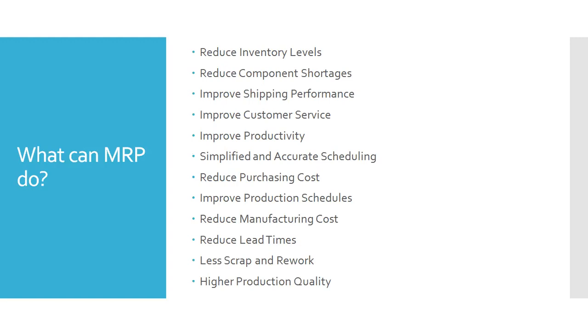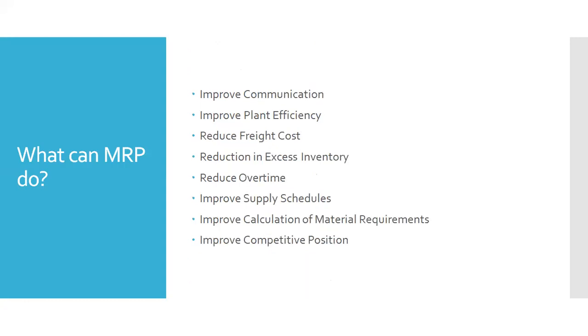Now, what are the basic advantages? Like what are the basic functions when we apply the MRP on any system? How will it improve the system? So it will reduce the component shortages, improve shipping performance, improve customer service, improve the productivity, simplified and accurate scheduling, reduce purchasing cost, improving production schedules, reduce manufacturing cost, reduce lead time, less scrap and rework, and you have high production quality.